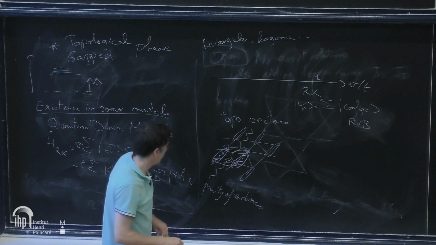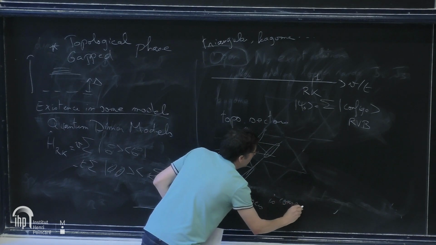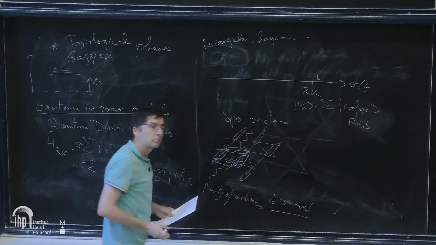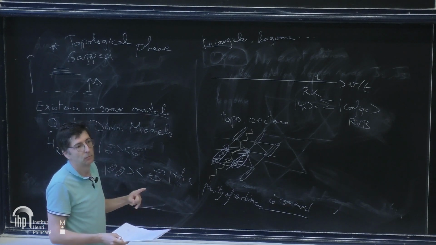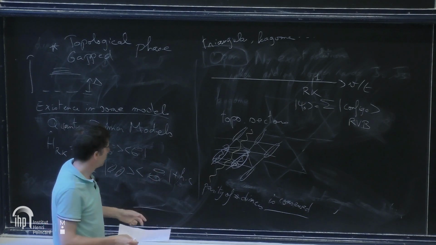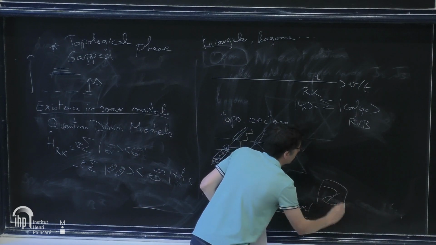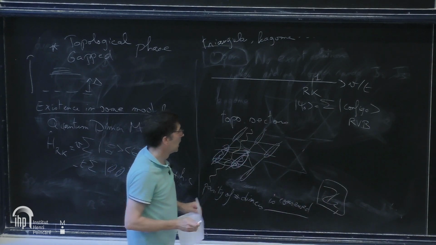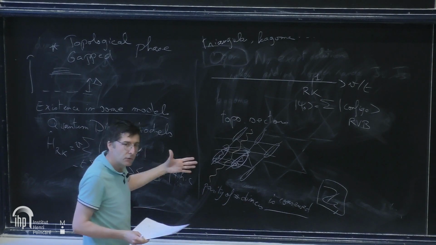So the parity is conserved. And so if you are in 2D on a torus, you have 2 parities. So it's called a Z2 number.